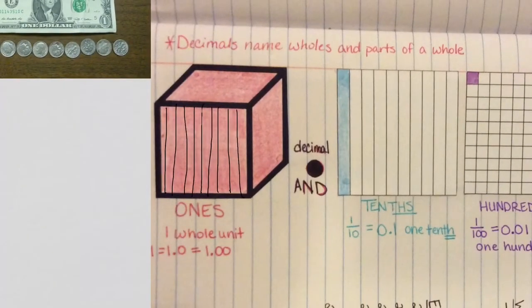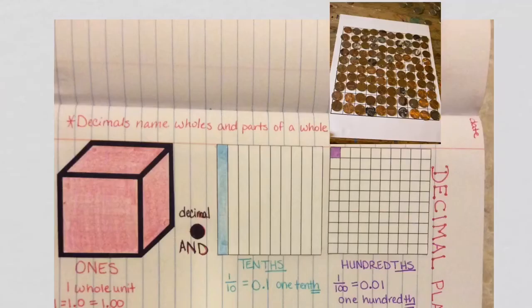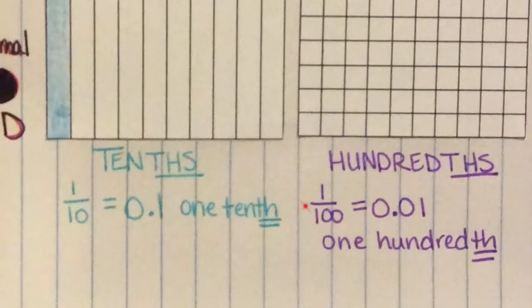So now we're going to break it down even further. We're going to break it into the hundredths, which would be like taking that same dollar and breaking it into pennies. You have 100 of them. Okay, you're going to color in one little block. And we're talking about one of them. So 1 out of 100 pieces, or 1 out of 100.